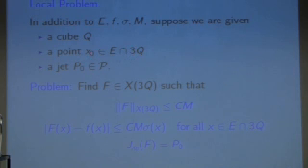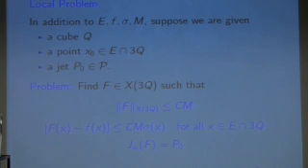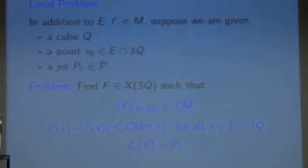Well, all right, so we have a point x0 in E intersect 3Q, and I have some jet P0 in P. And then the problem is to find a function F in X of 3Q, the restriction of C^m to 3Q, with the property that its norm is at most C times M, and it agrees with the data up to this factor, C times M, for all x for which the problem makes sense.